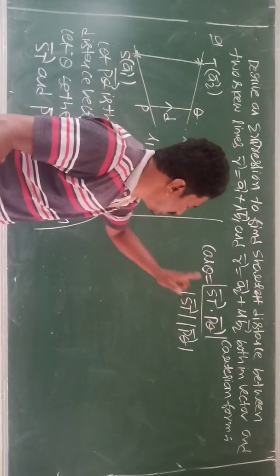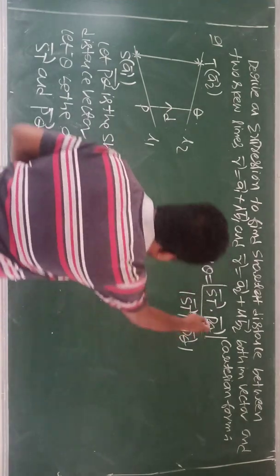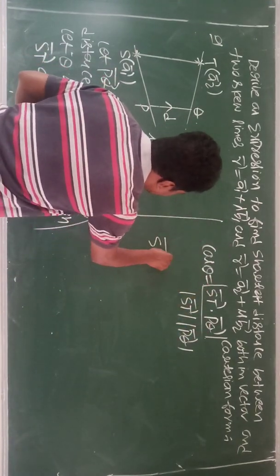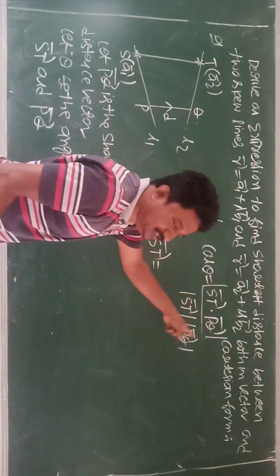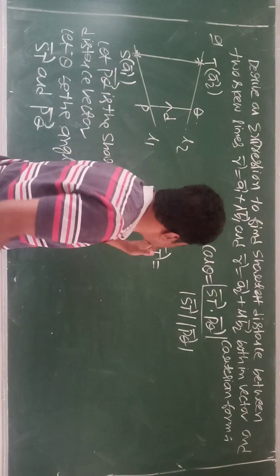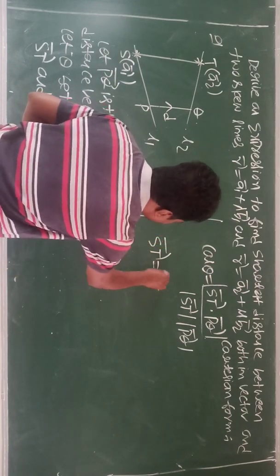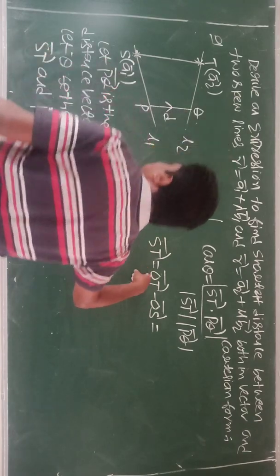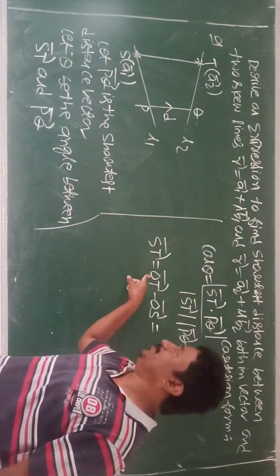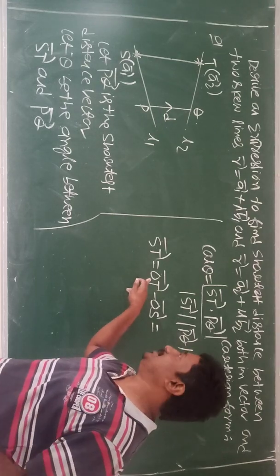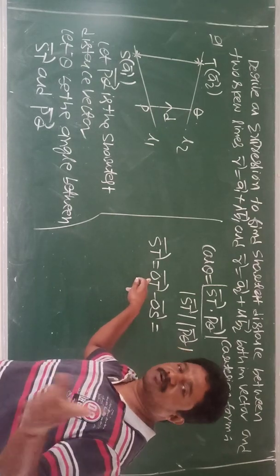ST, PQ length. Now let us calculate these things. You calculate these and substitute, and you are going to get the shortest distance. What is ST? OT minus OS. OT means point T. I told you so many times, point and position vector are one and the same.